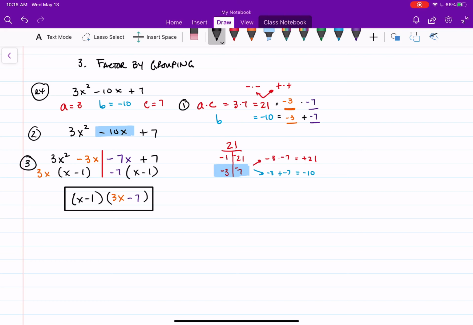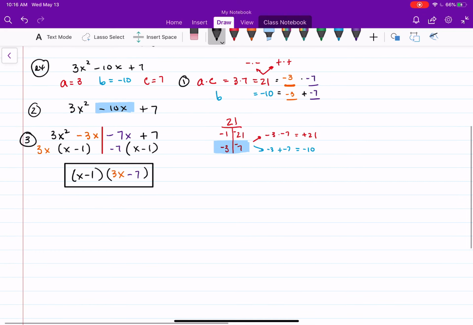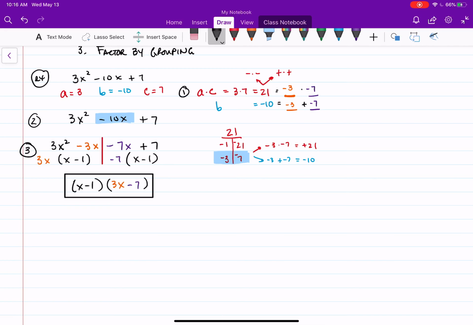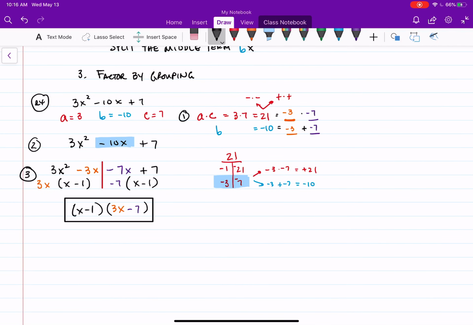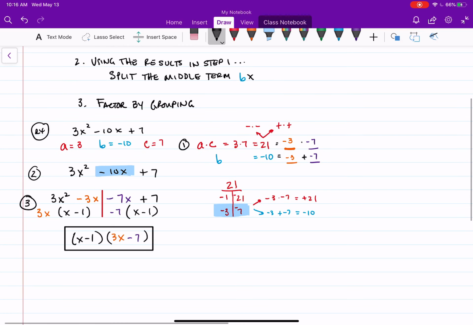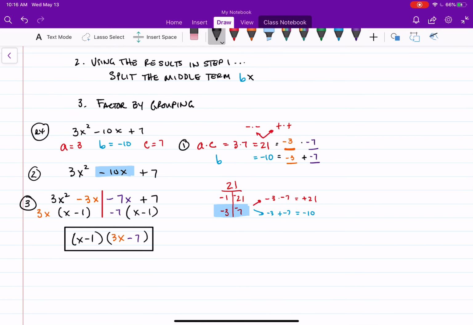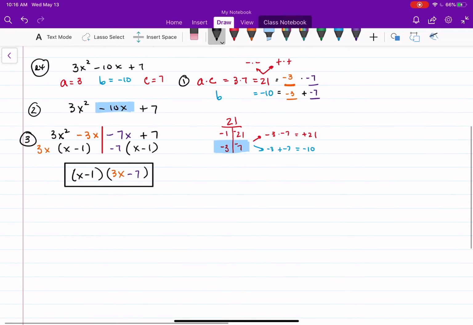Now, here's what I want to bring up to you, okay? The other thing to think about is, the other method is called trial and error, the second way of doing this. So let me see here. What do I want to talk about? How do I want to do this?